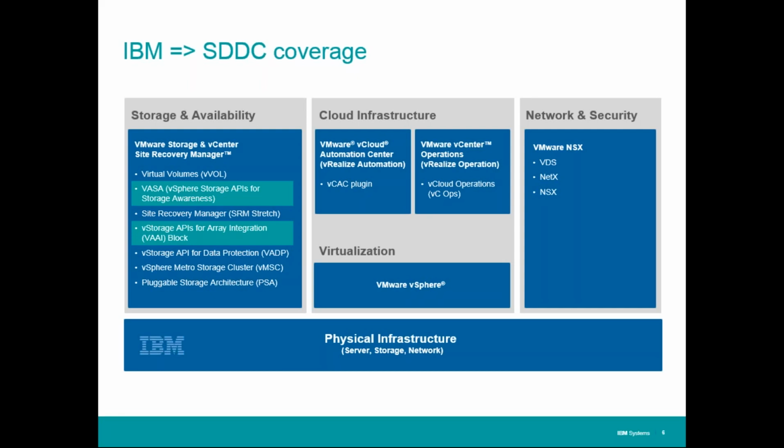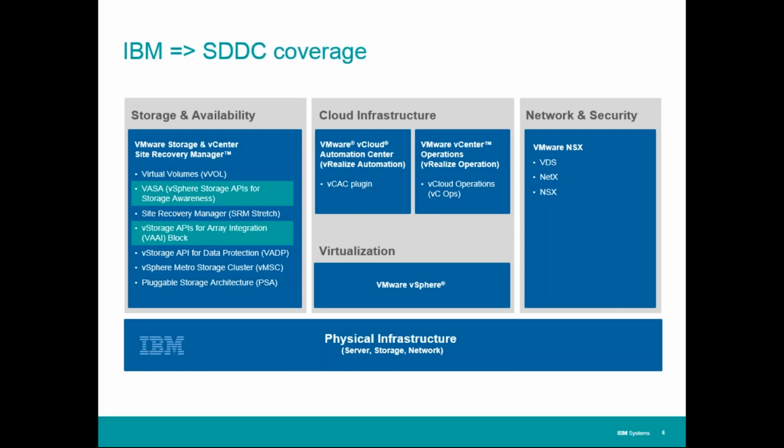Virtual volume, VASA, Site Recovery Manager or SRM Stretch. Actually, IBM was a day zero partner, meaning they had the integration for SRM Stretch in the version of vSphere at day zero as we announced it, not plus 30, 60, or 90 days. It was basically on par with the VMware release. Same with VAAI, same with VADP for data protection, VMCS for Metro Cluster, and of course PSA.